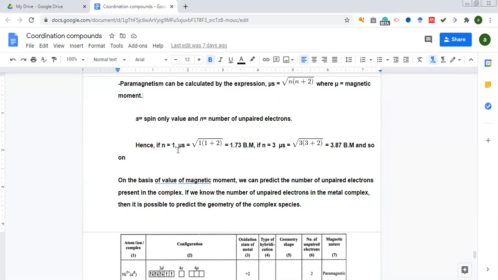Therefore, we have one magnetism formula. What is the magnetism formula? Mu s, the magnetism of complex compounds, is equal to square root of n into n plus 2, where n is the number of unpaired electrons. Mu is the magnetic moment.